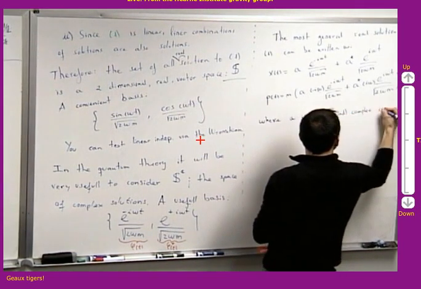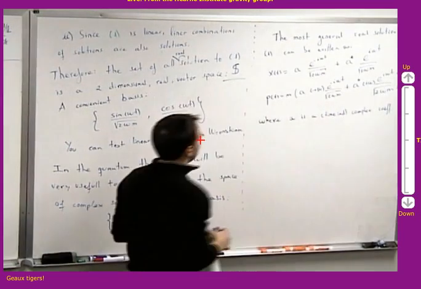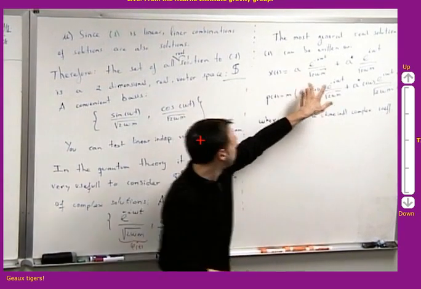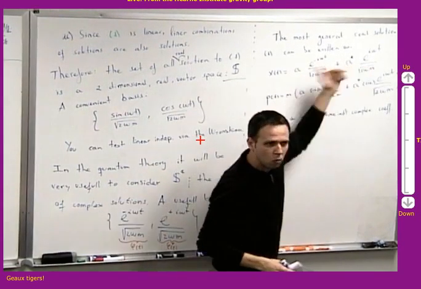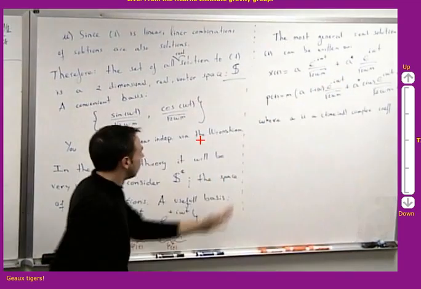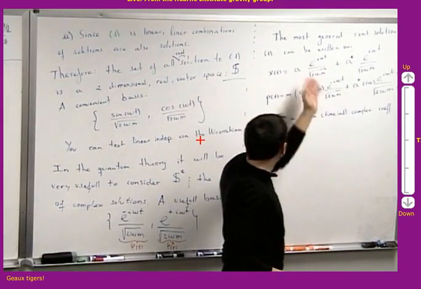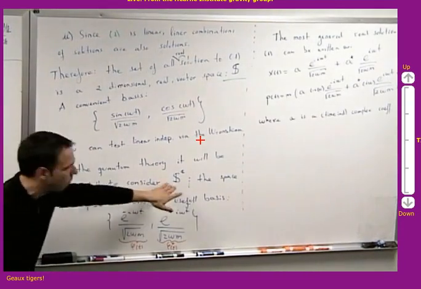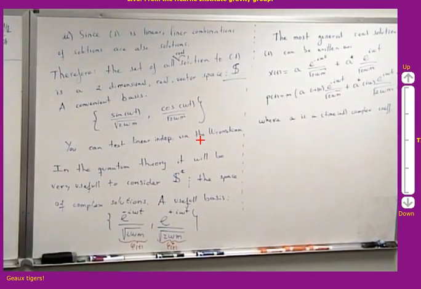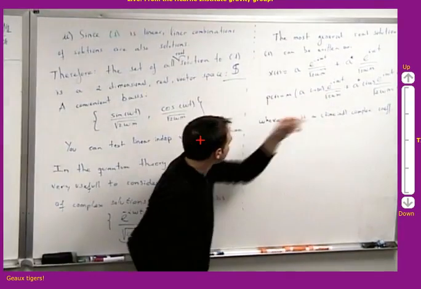If you take any complex number here, this is something and this is its complex conjugate, so x is real. For arbitrary A's, this is the real subspace of the space of complex solutions. So this is real and that is real.